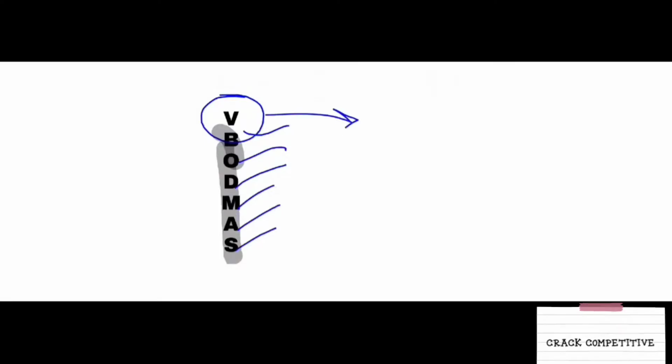You have learned this BODMAS. What does this B mean? This is bracket, this is 'of', this is division, this is multiplication, this is addition, this is subtraction. These are all the signs. Okay? But what is this B? Many people just say it's a bar.